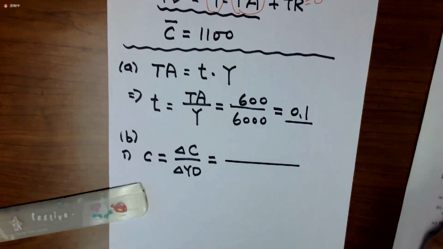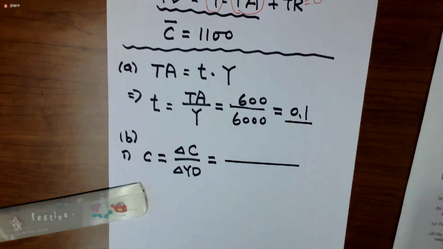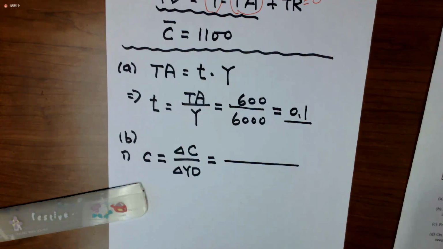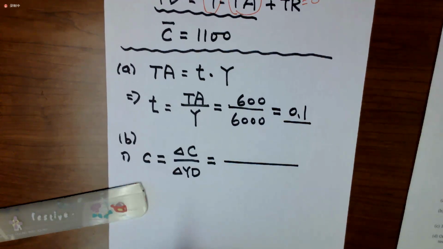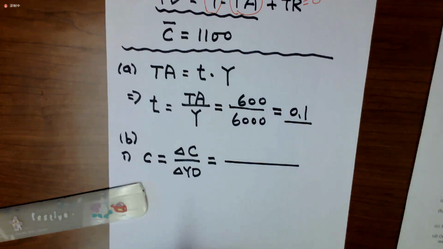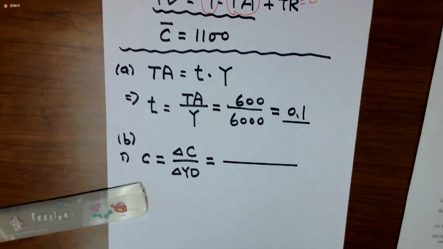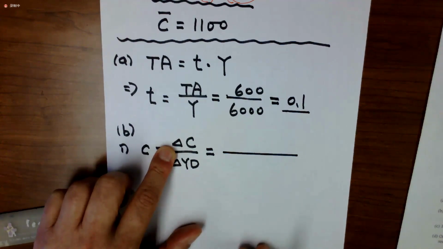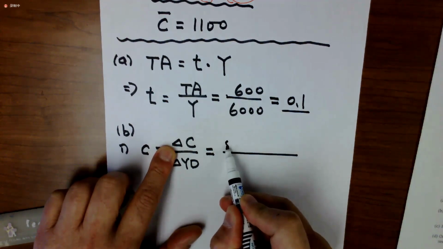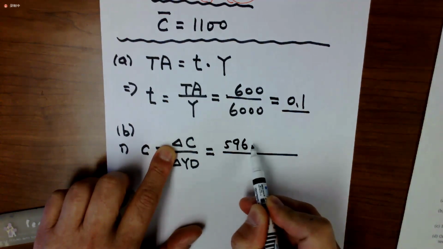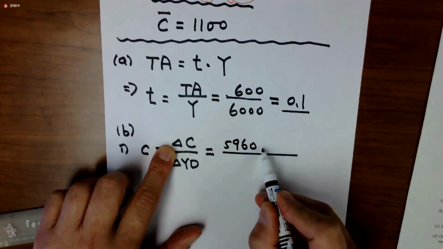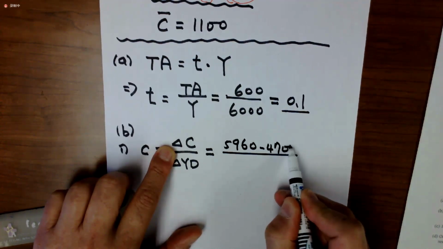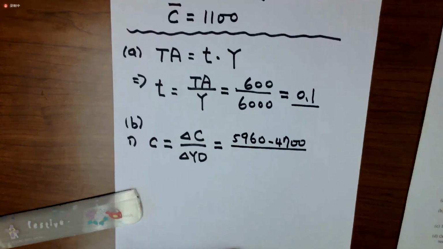Next, when my income is 8,100, taxes are 880. My consumption is 5960. So my change in consumption is 5960 minus 4,700. That's what I put on top.